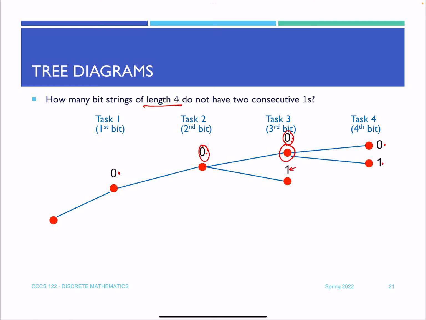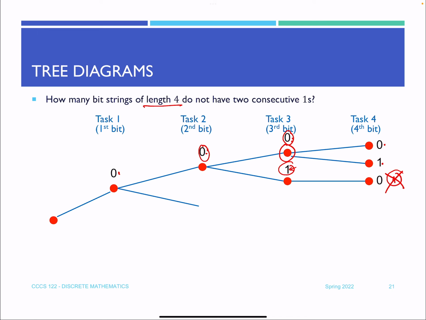But if we do that, for the fourth bit position we can use a 0, but we do not have the option of using a 1 in this place, because that would make for two consecutive ones.